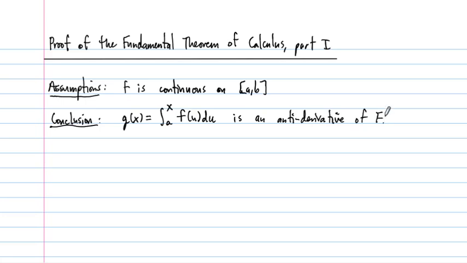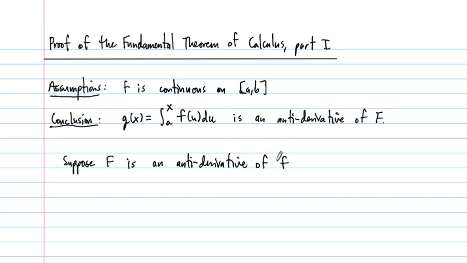Okay, so let's use part 2 to prove part 1. So the idea here is that we are going to say, let's suppose that capital F is an antiderivative of little f.